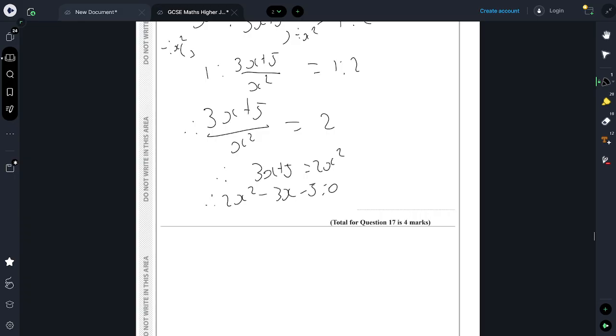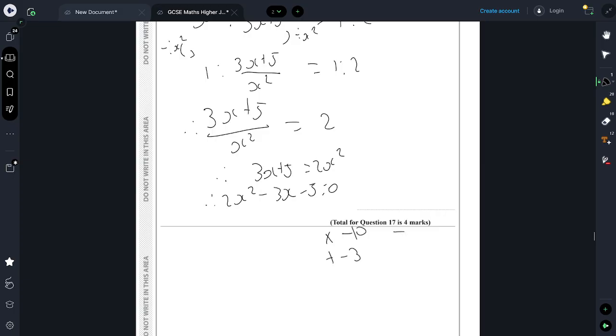There are many methods you can attempt to factorise, whichever one works for you. But this is the one I think most people do, which is to consider a times c. So 2 times -5, which is -10, and then think about what multiplies to give -10 and adds to give -3.